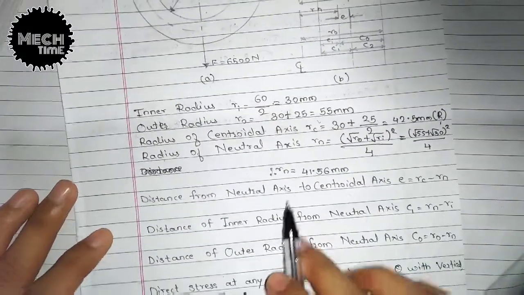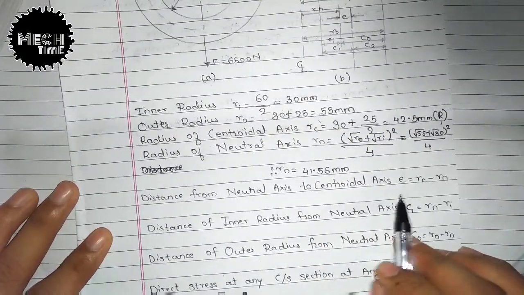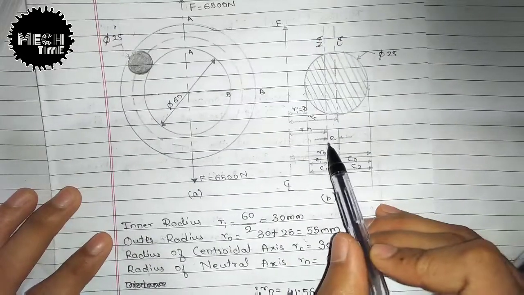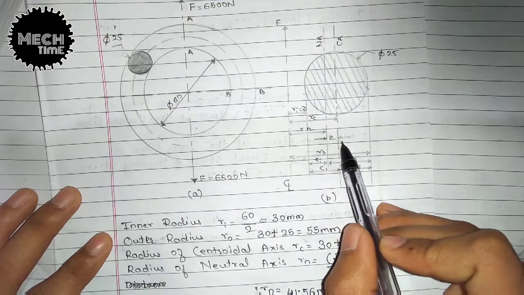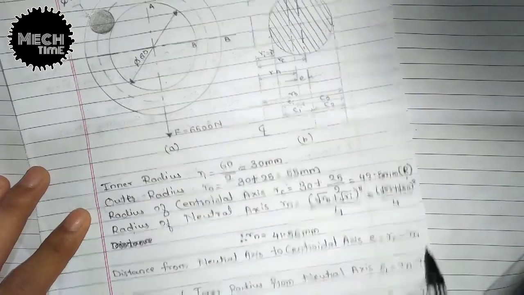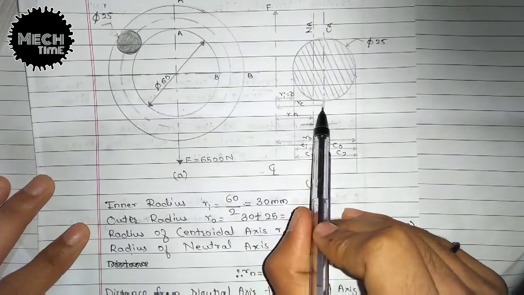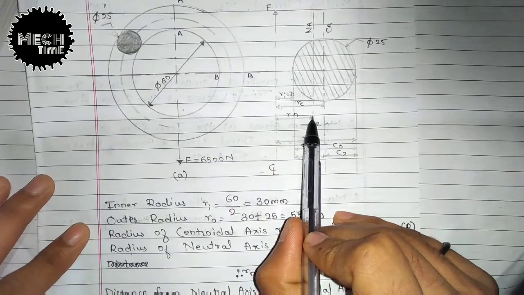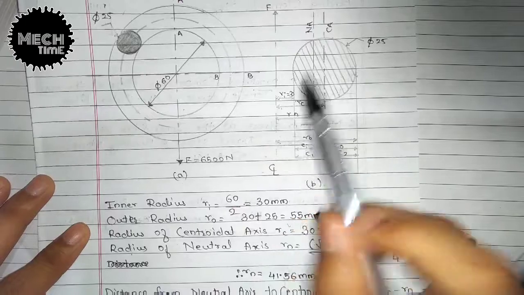Now the distance from the neutral axis to the centroidal axis, that is Rc minus Rn. You can see here Rc and here Rn, so you will get this distance.